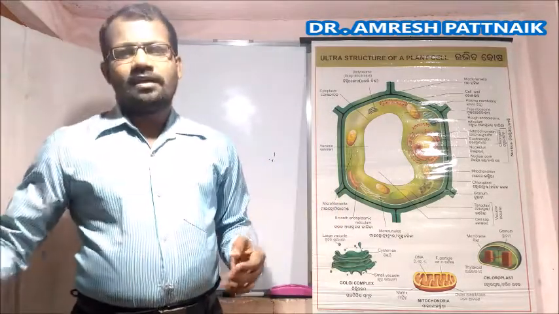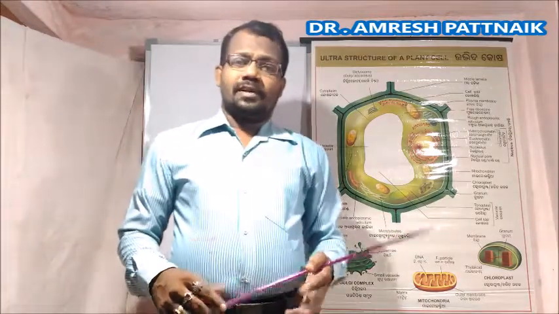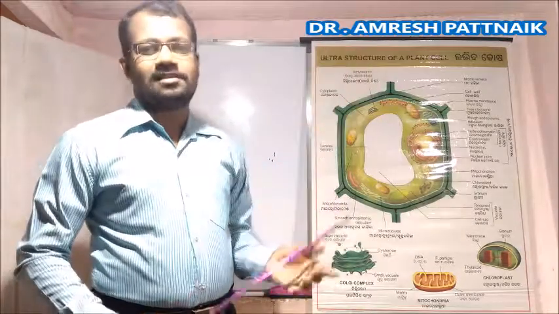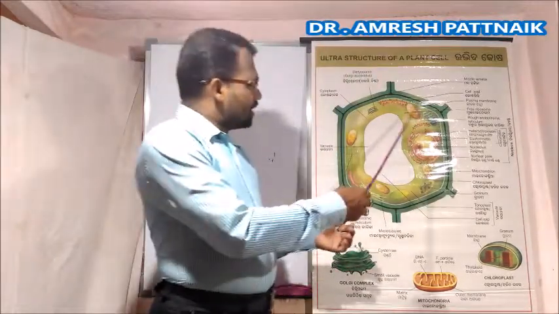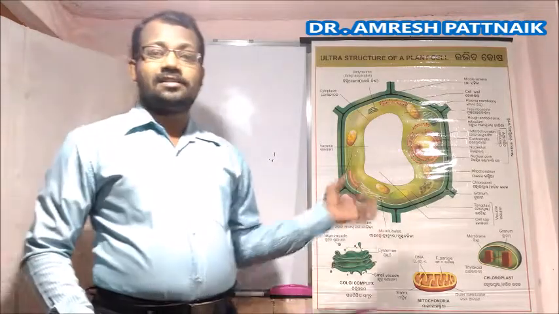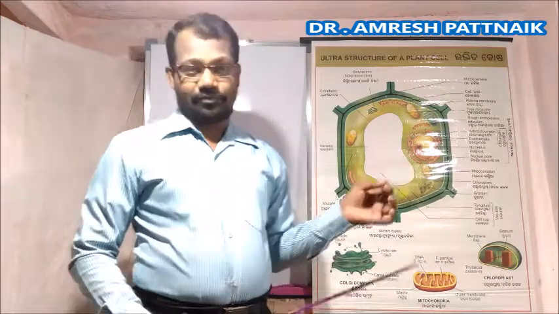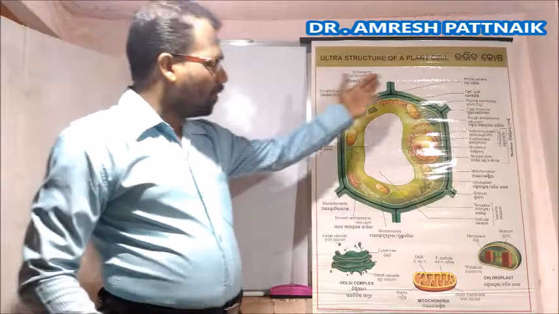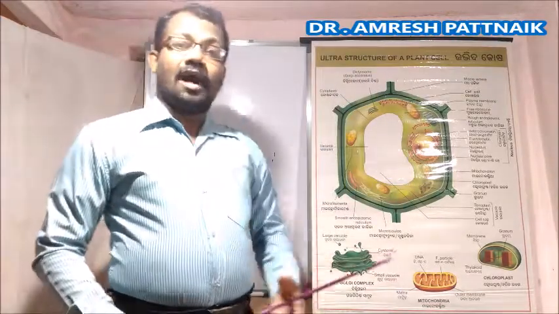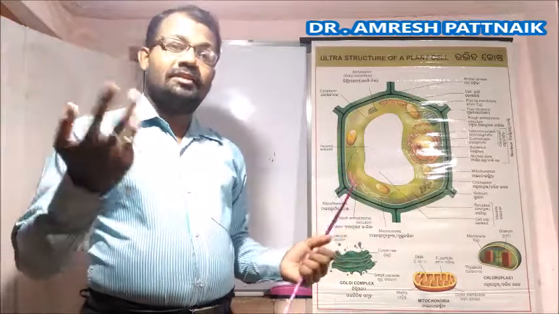So let's start today. The plant cell: we will start with the ultrastructure of a plant cell. From the external morphology, it is clear that it is rectangular in shape. It is a little bit more rectangular in shape, and it has an outer covering which is triple layered.